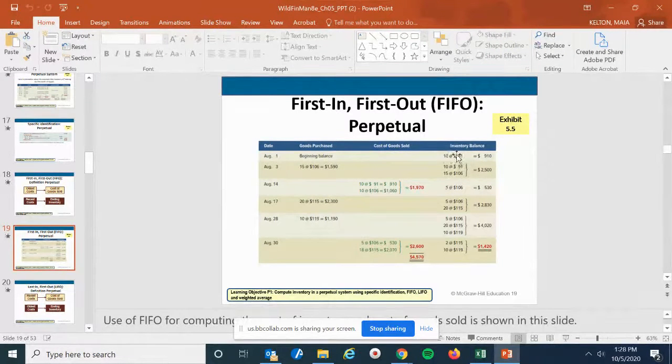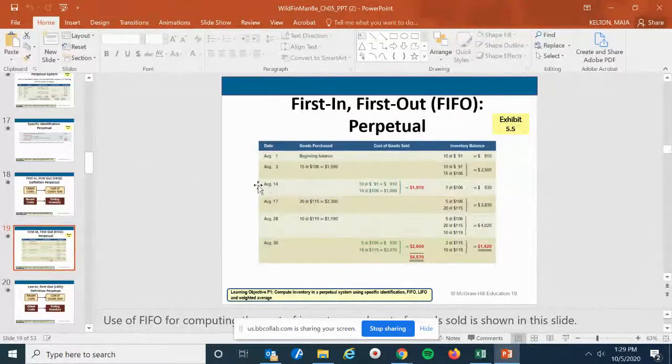Look at how the oldest items here, the items in the beginning balance, have a lower cost than the newest items that have a slightly higher cost. So now, if I look at the inventory balance right here where my cursor is, I can see the inventory now is comprised of 10 units that the company purchased in the past at $91 per unit, and the newly acquired 15 units at $106.